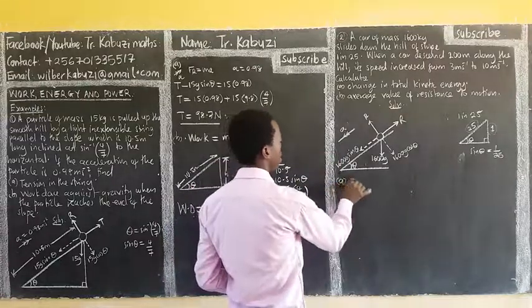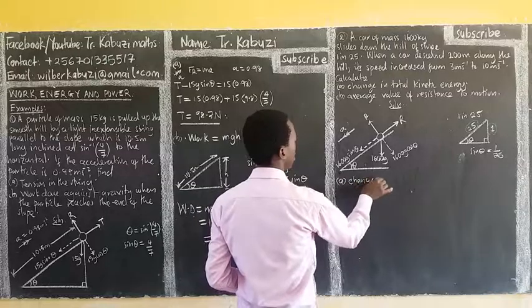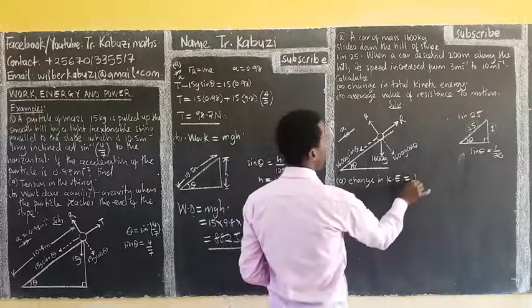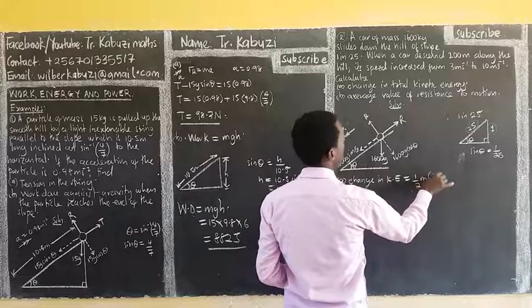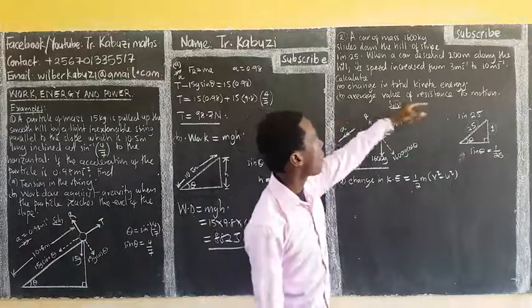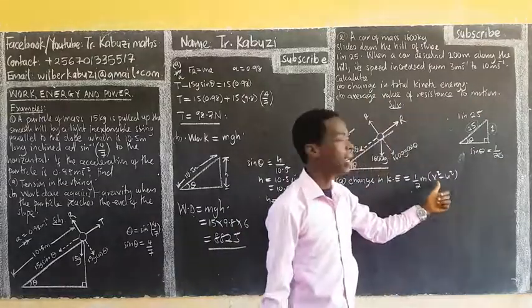Now we want to get the change in kinetic energy. So my part A: the change in KE is given by half m v squared minus half m u squared, because our final speed V is 10 and our initial speed U is 3.